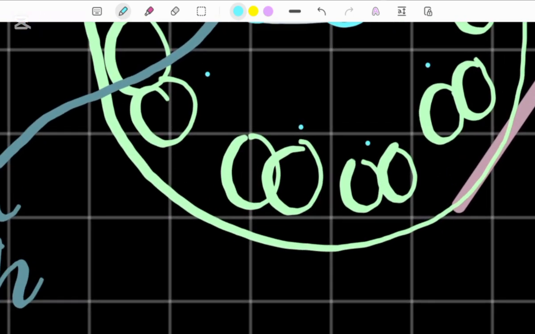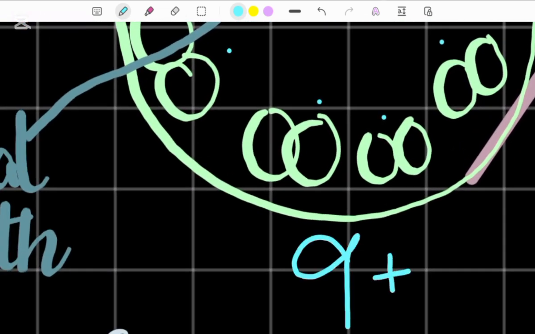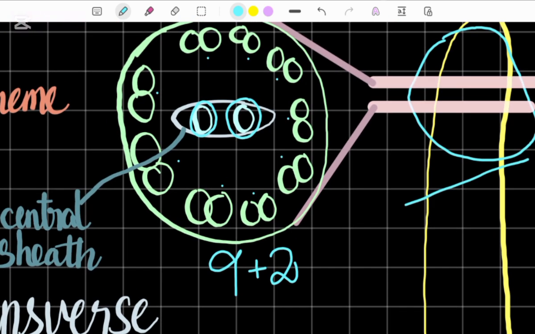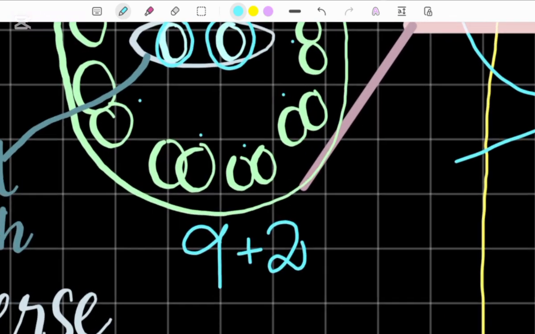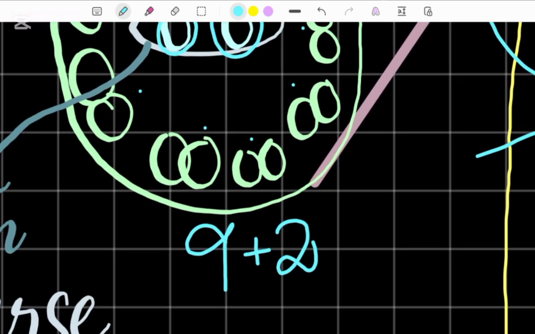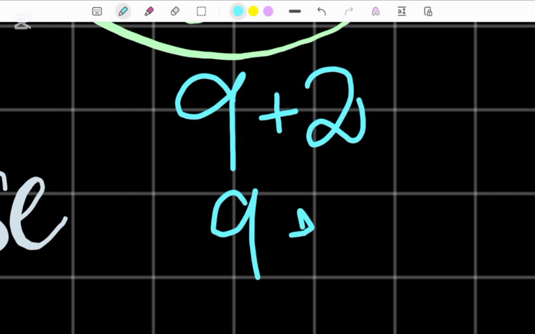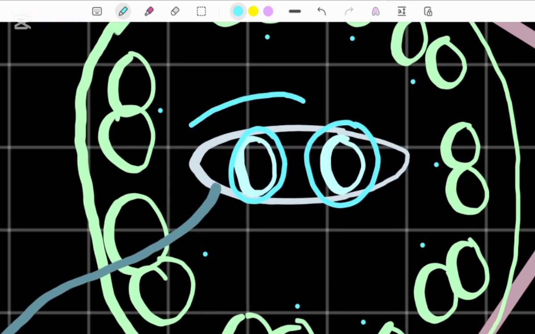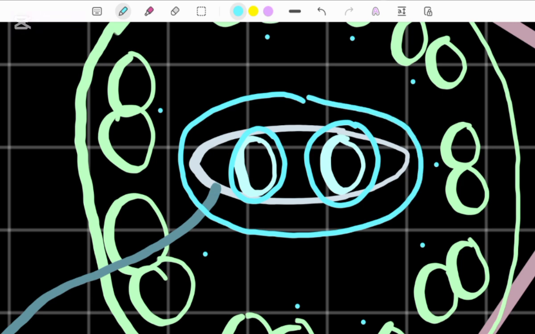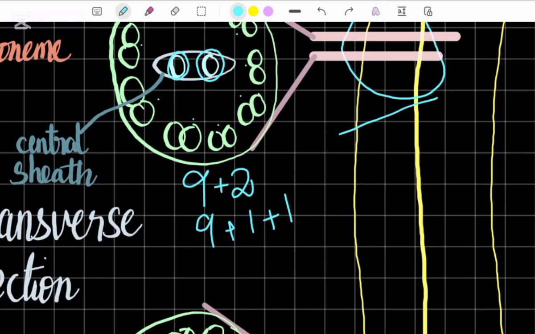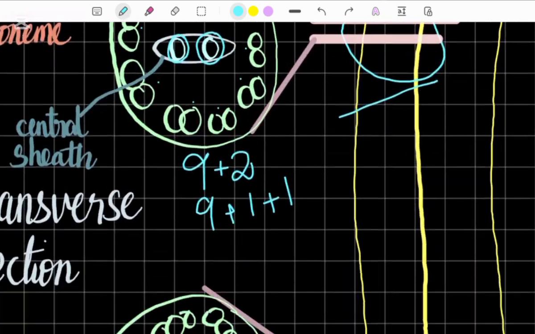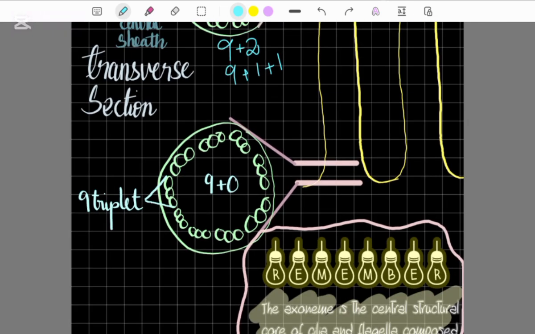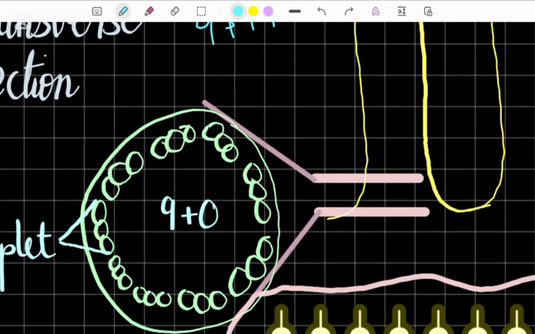That's why it is known as the 9+2 pattern. Now you get it? Nine that surround the 2, that is 2 individual. Why don't we call it 9+1+1? Because they are already surrounded by the central sheath and are considered a single structure. That's why 9+2.